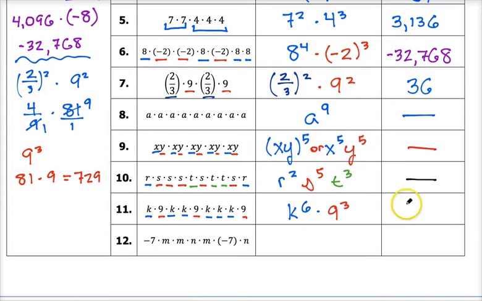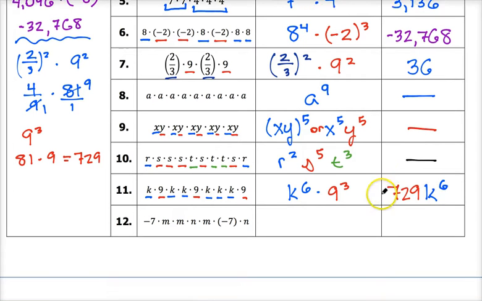So this becomes 729 times k to the 6th. Anytime we're writing a number with a variable power, the number would come first, and then the variable power would come second. This is the same thing as 729 times k to the 6th power.